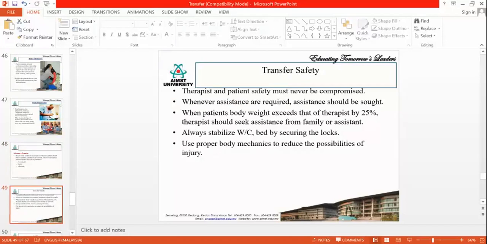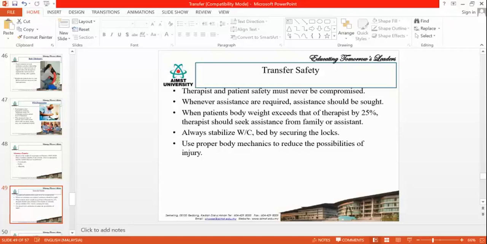Okay, next is preparation. Why do you need to prepare? You need to know what is the level of the patient. Daily the patient's level might change, so you need to be very alert on that. Next is the patient's ability, which is very important to choose your type of transfer.